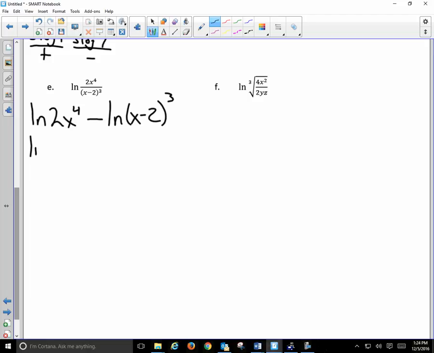So that's what I need to change first. So I separate that into 2 pieces. Now I can move my exponents out front.